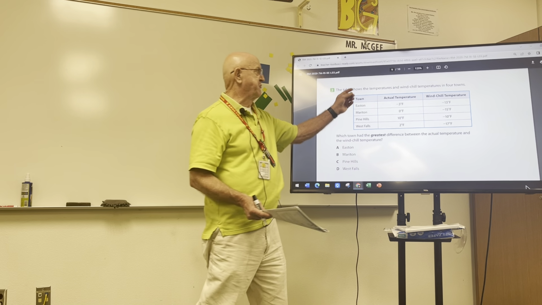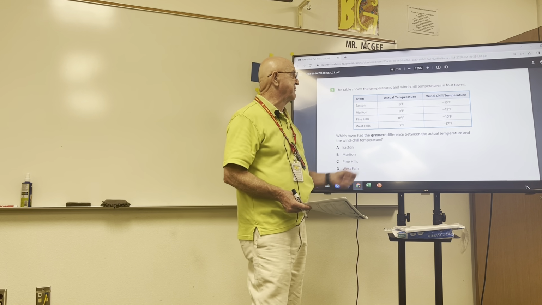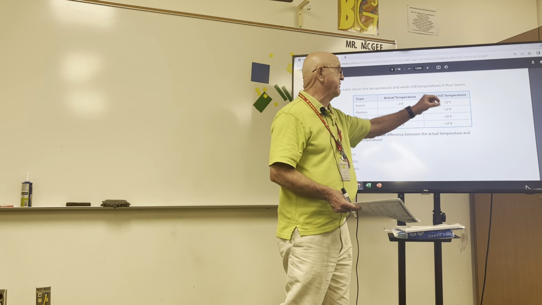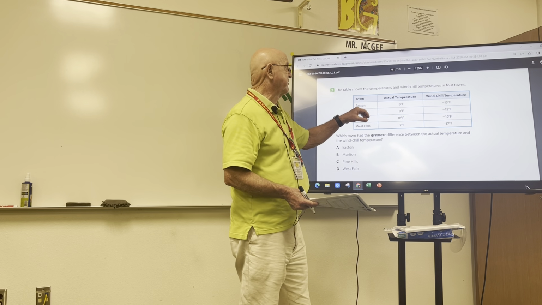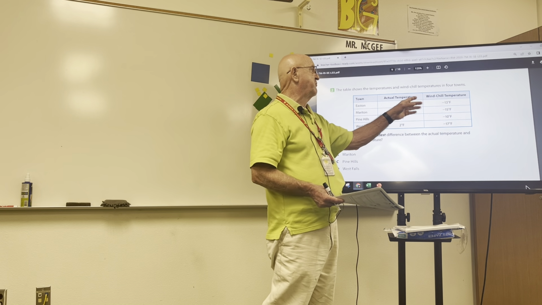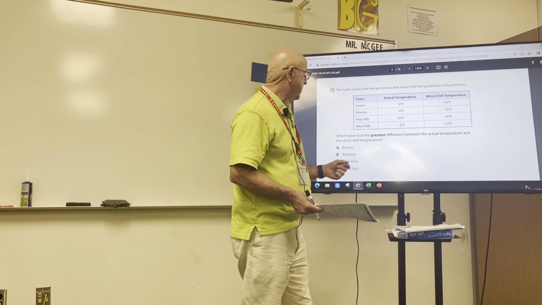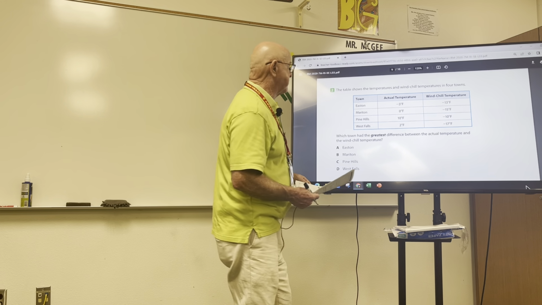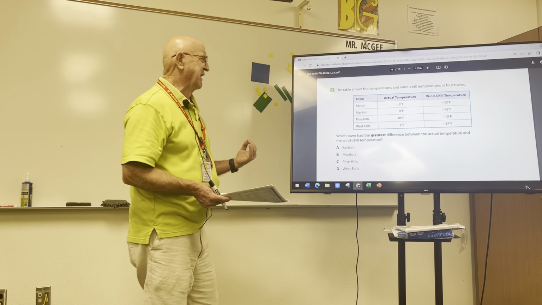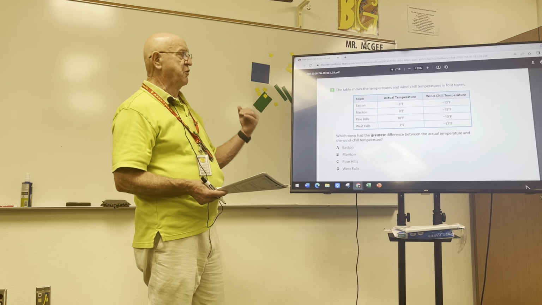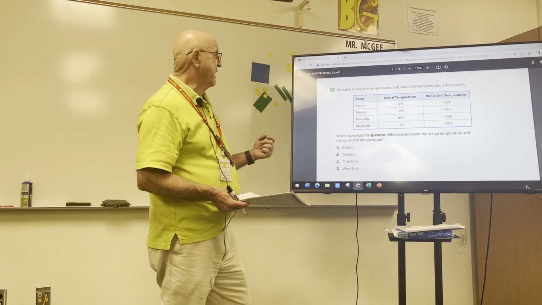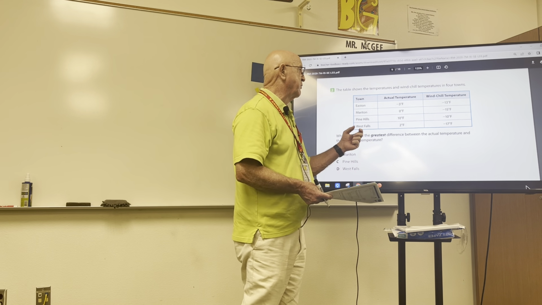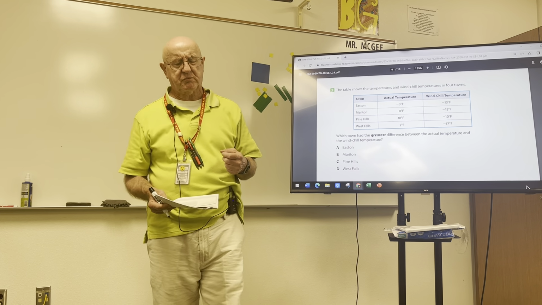The actual temperature in Easton is negative 3. The wind chill temperature is negative 13. In Meriton, the actual temperature is 0. Wind chill temperature is negative 15. In Pine Hills, the actual temperature is 10, and the temperature with wind chill is negative 10. And then West Falls is 2 degrees, and the wind chill temperature is negative 19.